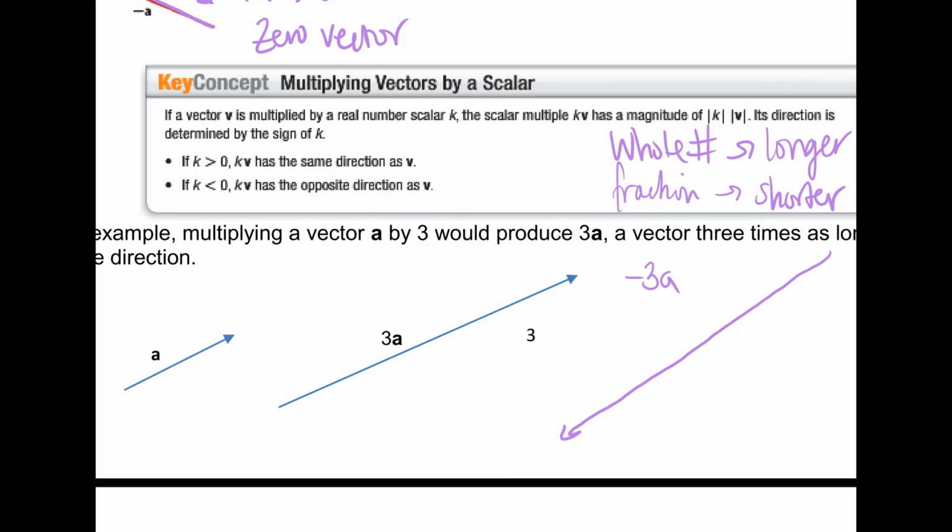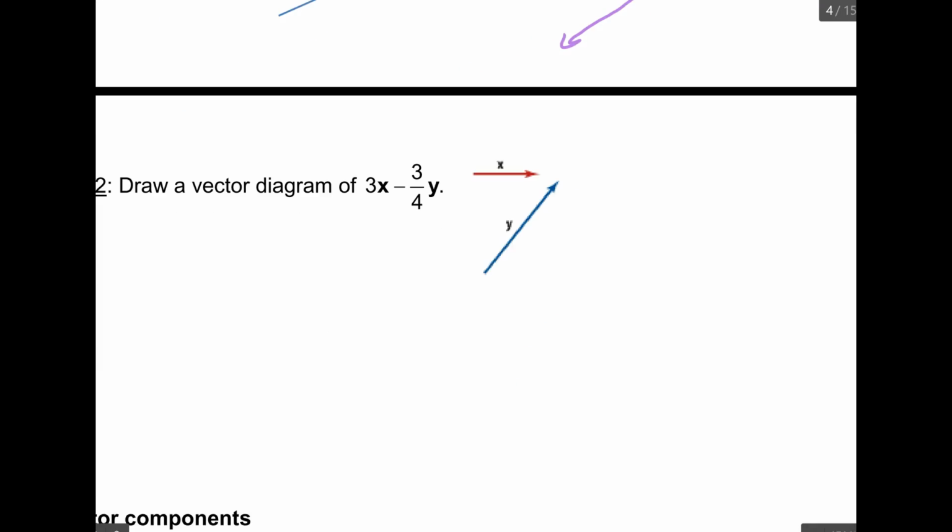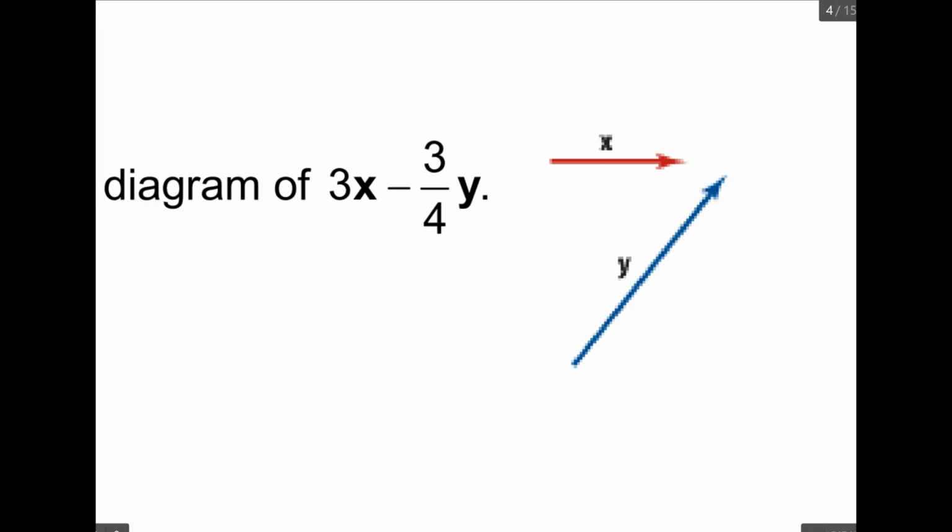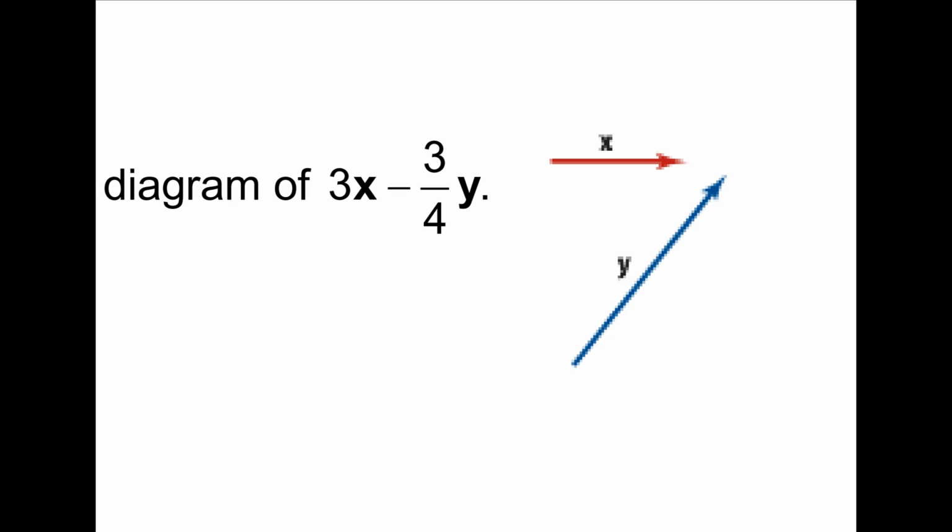So let's try example 2. Draw a vector diagram of 3x minus 3/4 y. Okay, so the first thing I would do is measure how long x is. How long is it? We don't know. Here, measure how long it is.